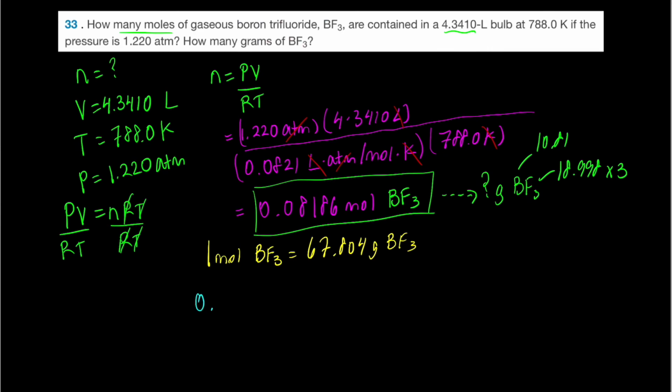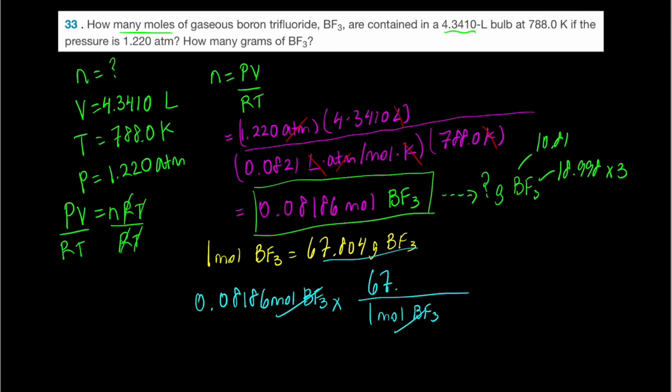So we start with our moles, okay? And we set up a nice fraction, which is our conversion factor. And we want the 1 mole of BF₃ to be on the bottom, so that moles of BF₃ cancels, right? And up on top is going to be the 67.804 grams, all right?